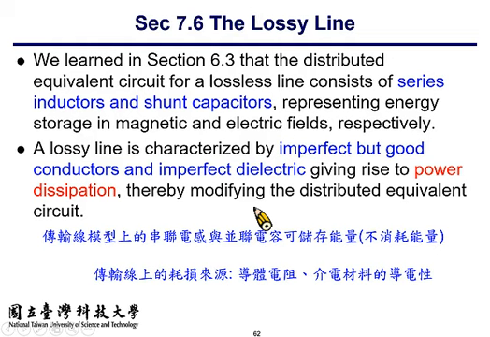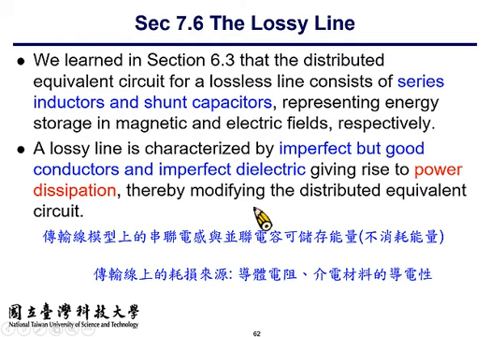And as I remarked on the slides, the difference between the series inductor and shunt capacitor with respect to the series resistor and shunt conductor is the way they handle the energy. All right? The shunt capacitor and series inductor store energy. They do not dissipate energy. They only store the energy.